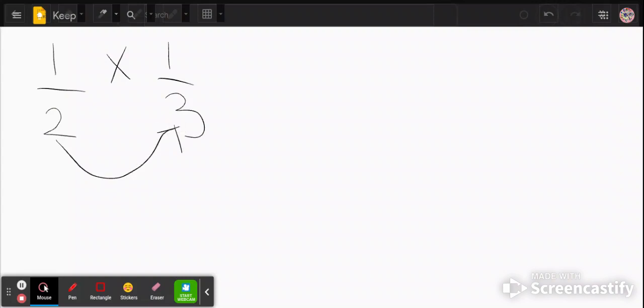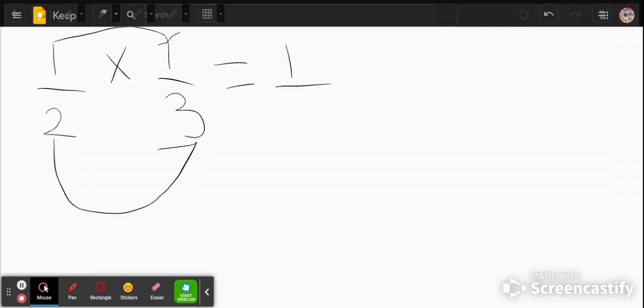So that means we're going to multiply 1 times 1, which is 1, over 2 times 3, which is 6. Hence, our answer is 1/6. Okay, let's proceed.